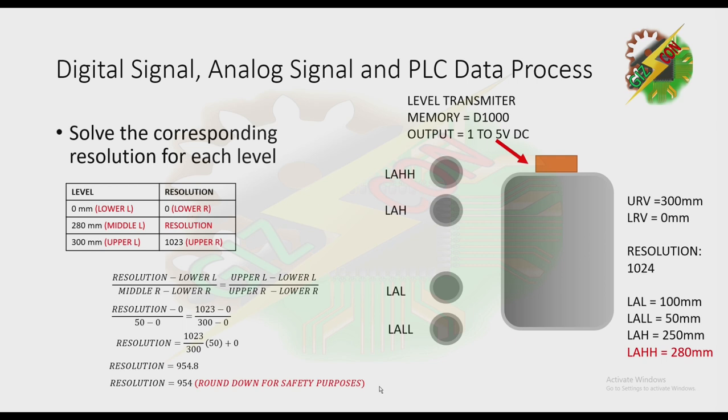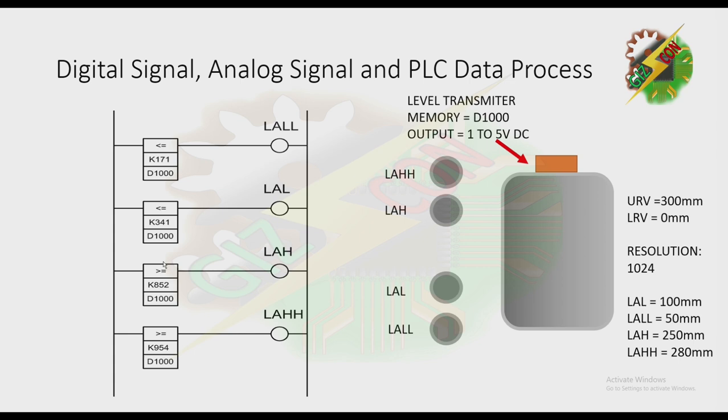After getting the corresponding resolution, we can create the PLC program here. If the PLC reading is equivalent to 171 or equivalent to 50 mm, the level alarm low will turn on. Then, if the value is 341 or equivalent to 100 mm, the level alarm low will turn on.